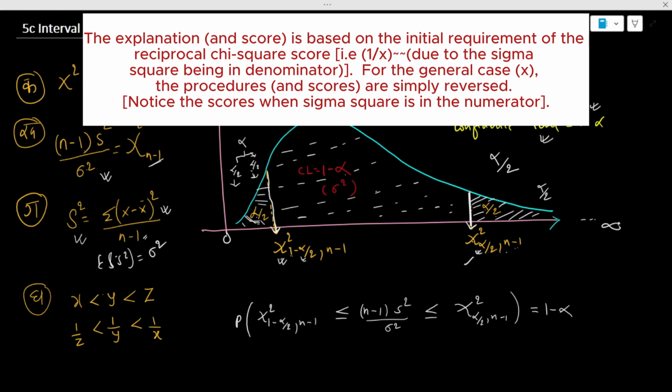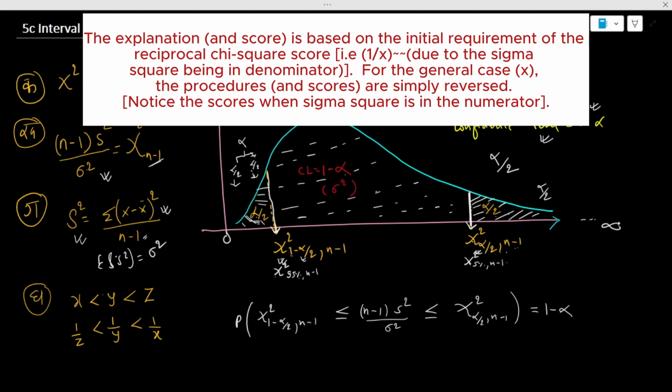We calculate the chi-square for 5% and n-1 degrees of freedom, and to the left we calculate chi-square 95% for n-1 degrees of freedom. So the probability of chi-square being greater than chi-square 5% n-1 is equal to 5%, and the probability of chi-square being less than chi-square 95% n-1 degrees of freedom is again equal to 5%.